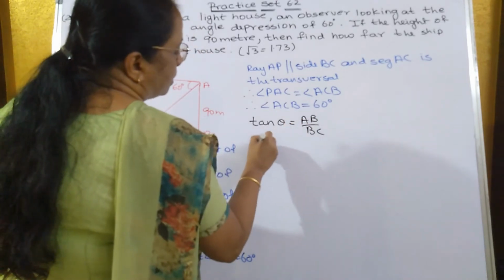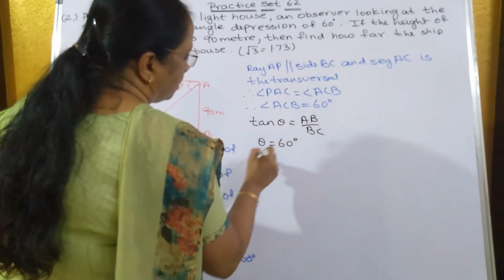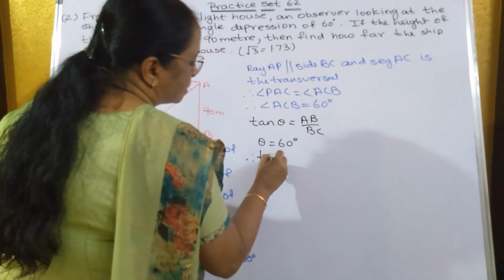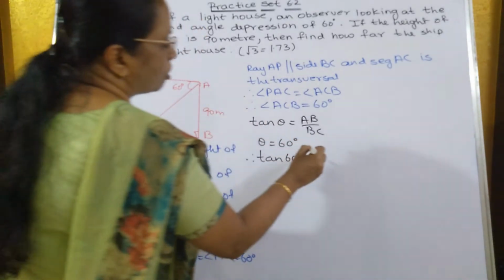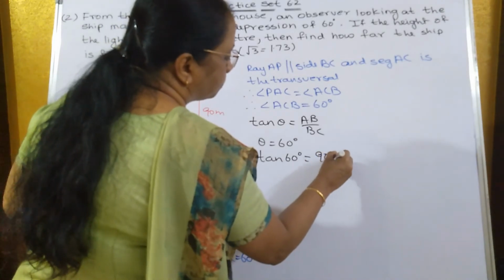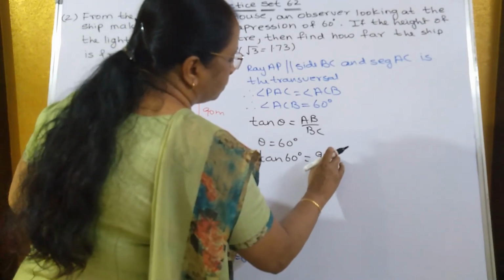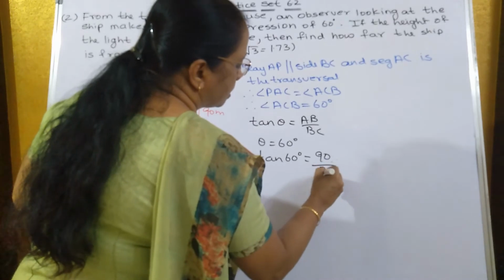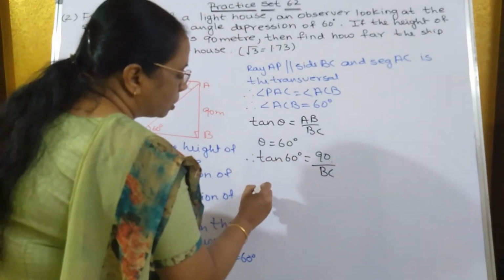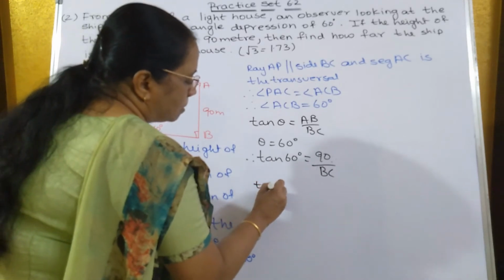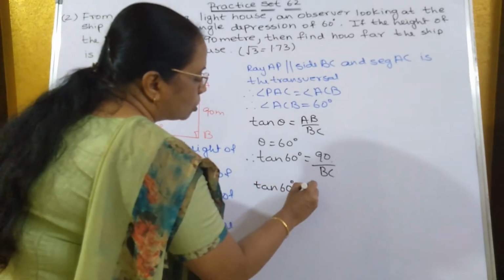Now theta is equal to how much? 60 degree. Therefore tan 60 degree is equal to AB, 90 meter, upon BC. What's the value of tan 60 degree? Tan 60 degree is root 3.